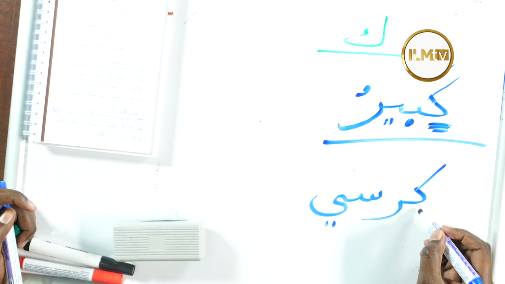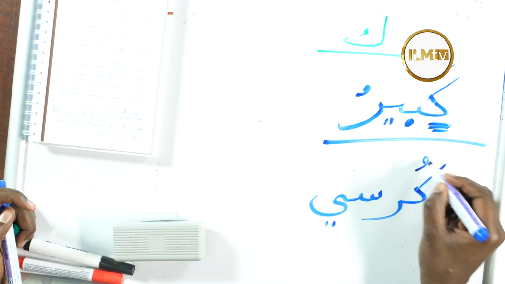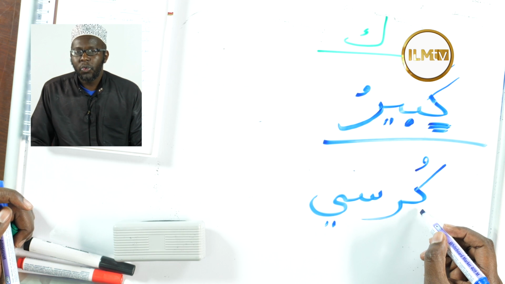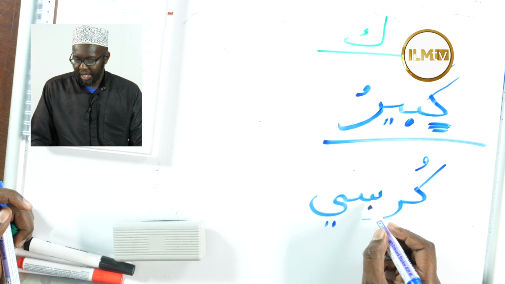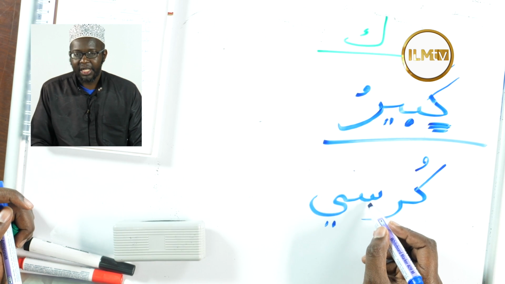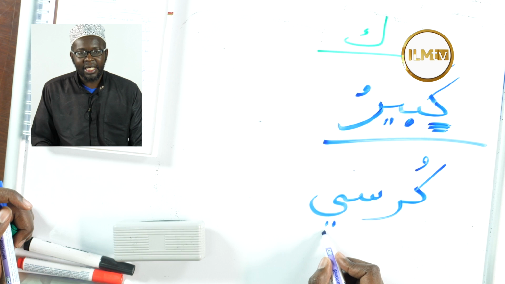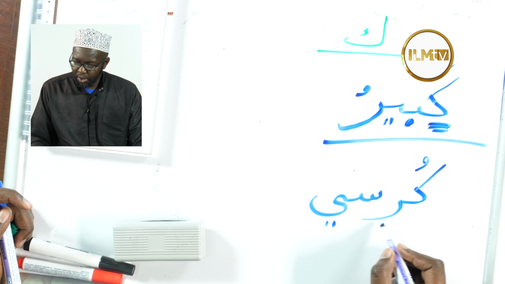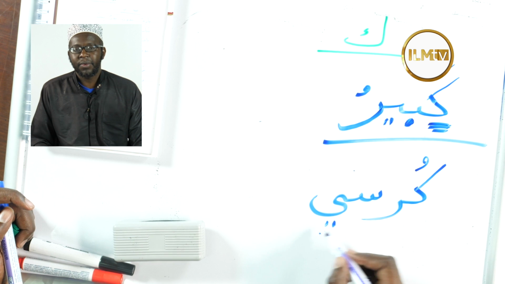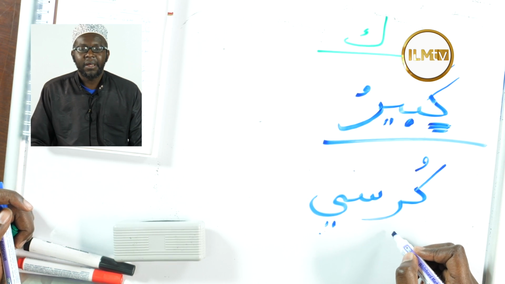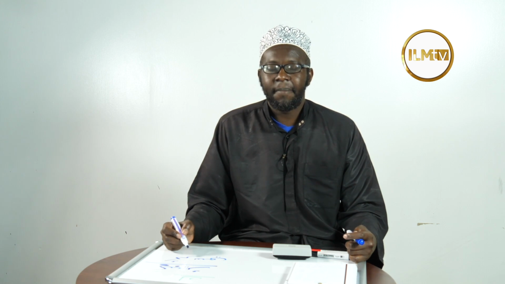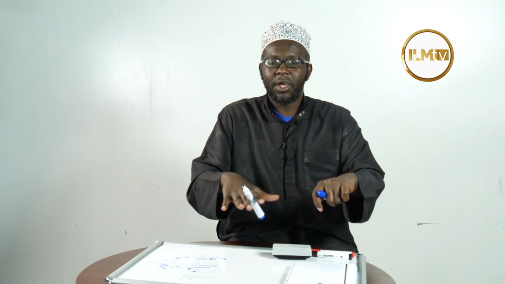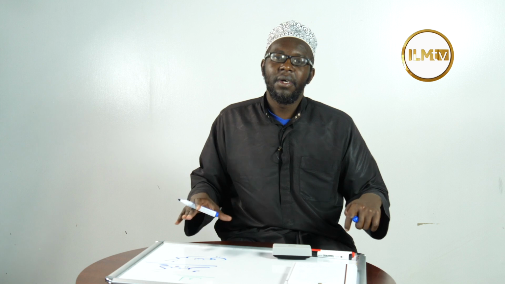So we have a K again, we put a vowel, it becomes Ku, and an R, it becomes Kur, an S, Kurs, a long vowel, E, becomes Kursi. Let's say it together. Kursi. Kursi is like the place where you place your foot. You can sit on a chair and you have a place where a foot is placed, you know.